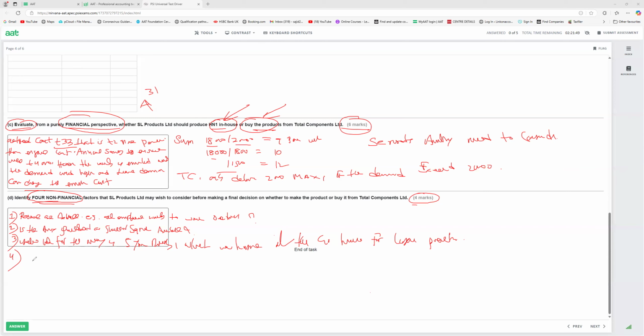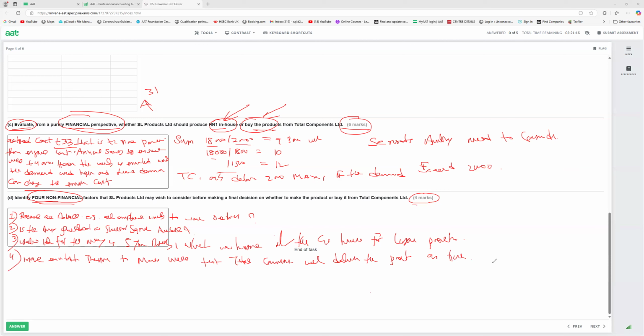So we can say here, more investigation required to make sure that the total component will deliver the product on time.